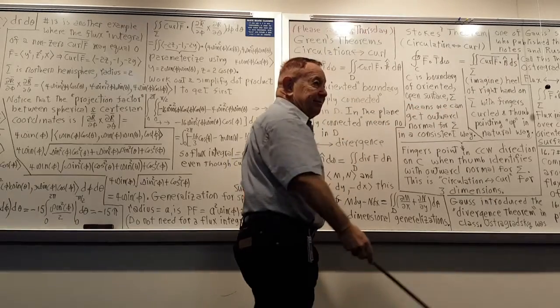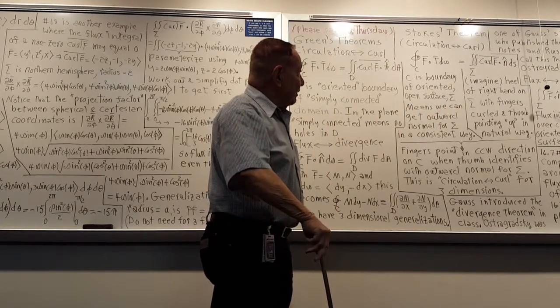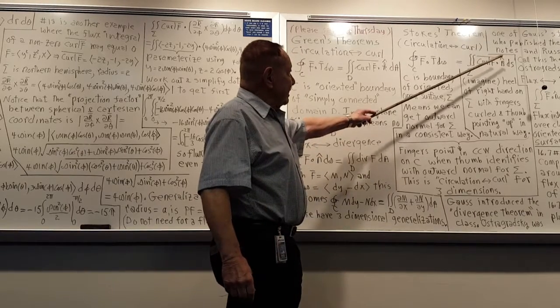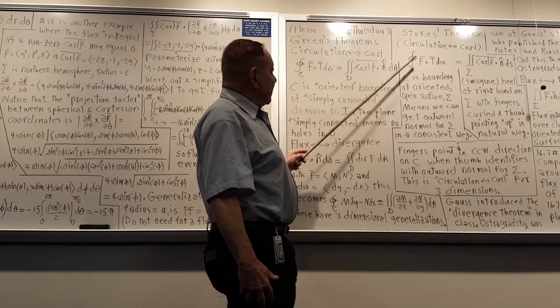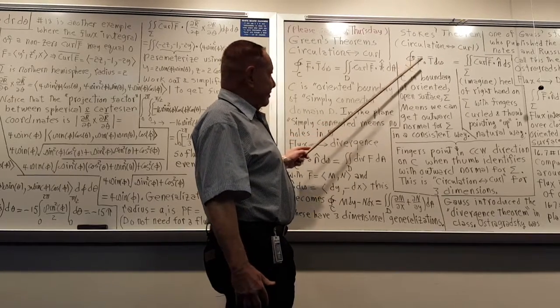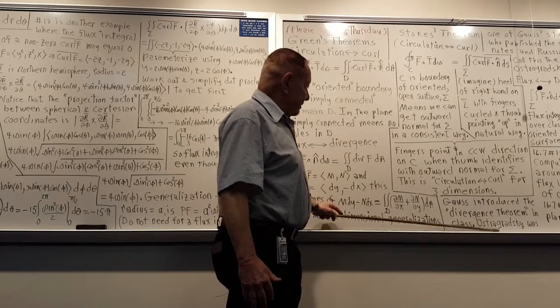So you have to be able to get the outward pointing normal in some consistent way that's related to how you would do this circulation integral around the boundary.